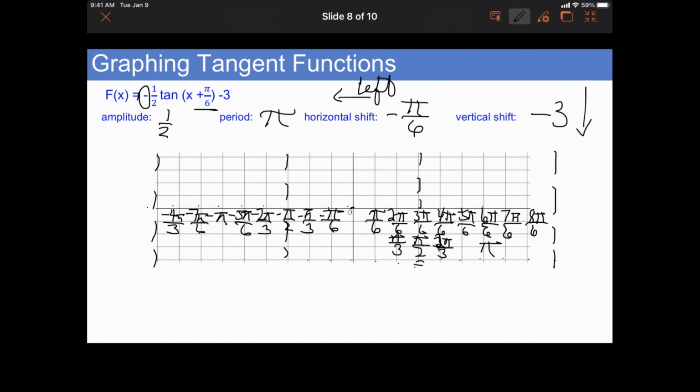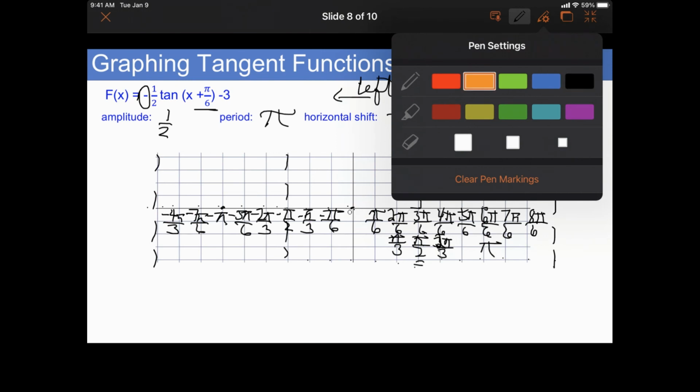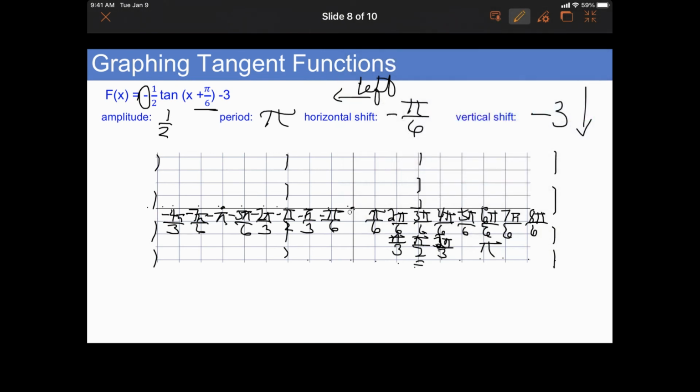But we are shifting over to the left pi over 6. So we're moving all those lines. So that center point in between your two asymptotes would have been here, right? So now we're shifting to pi over 6. Gonna do that in orange. So we're moving all these lines, right?